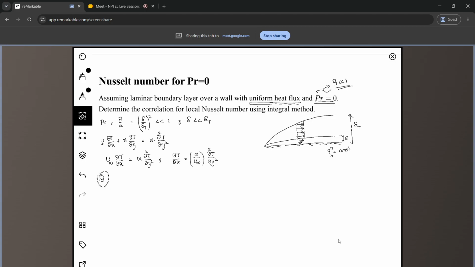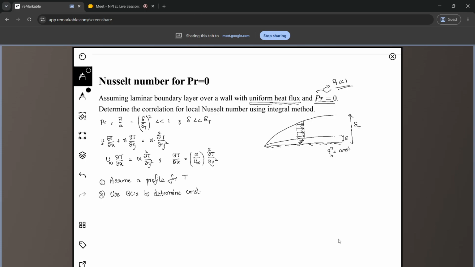Steps are straightforward. First, I have to assume a temperature profile, and then use boundary conditions to determine constants in that profile, except for delta.